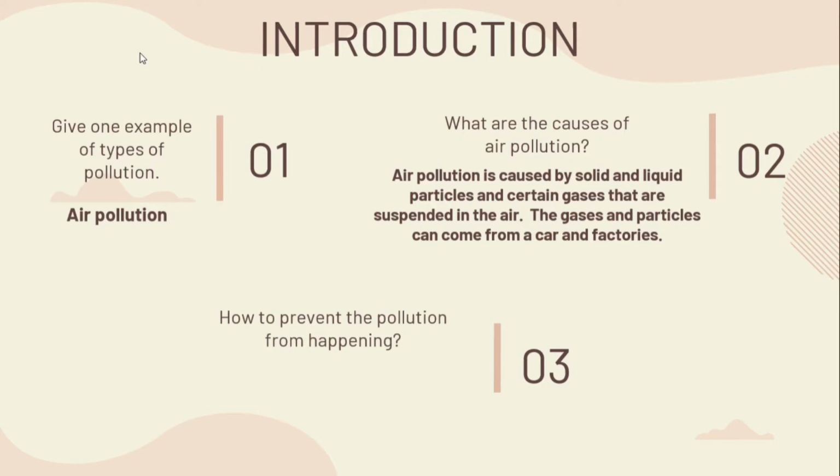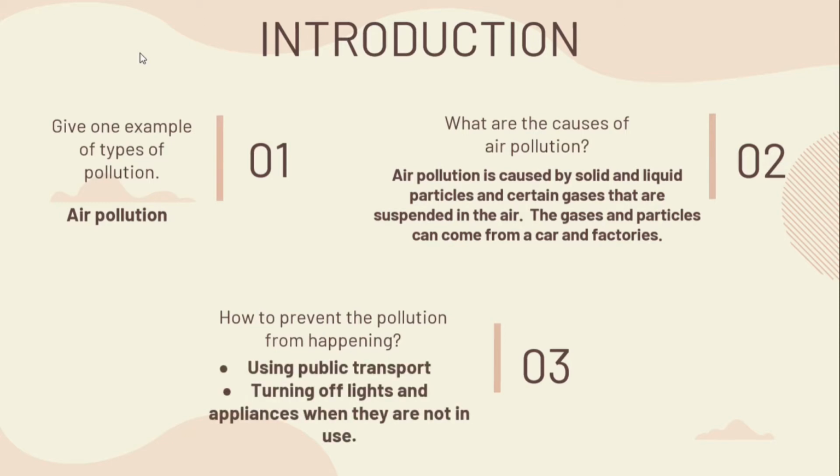How can we prevent pollution from happening? First, you can use public transport. Second, you can turn off lights and appliances when they are not in use.